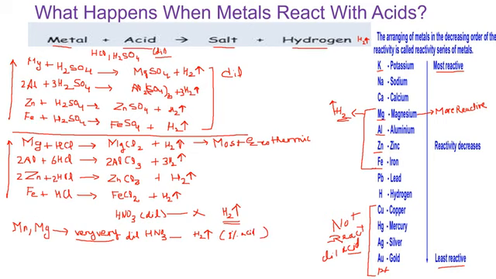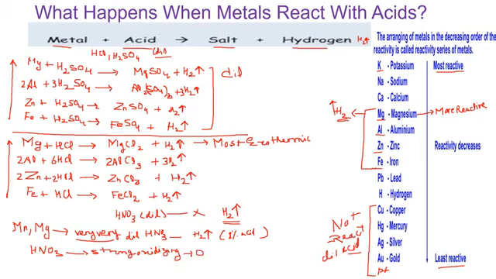Now the thing is, why do these metals not react with HNO3? Because nitric acid is a very strong oxidizing agent. Oxidizing agent means it is going to give out what?